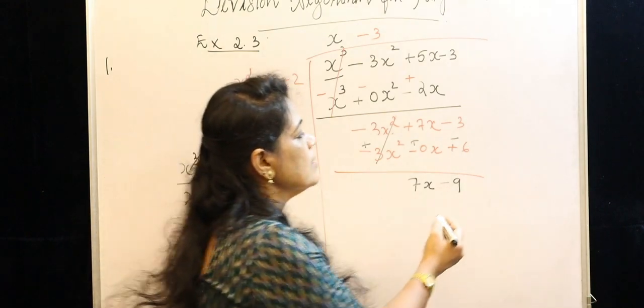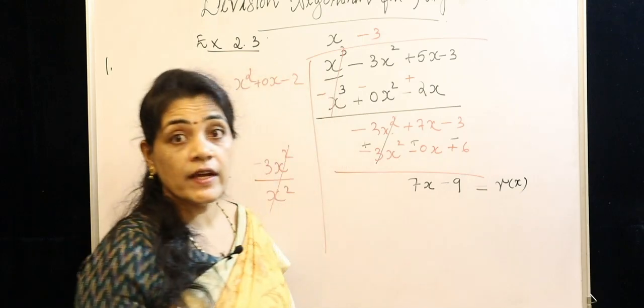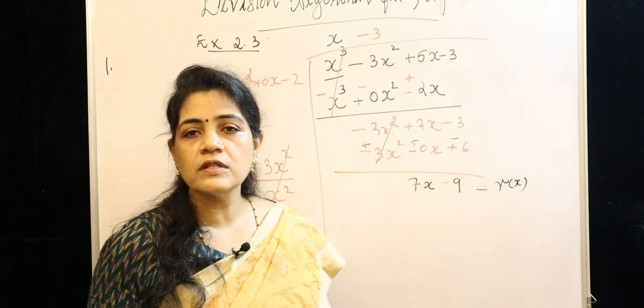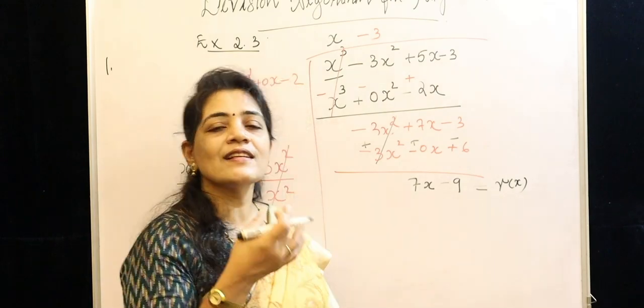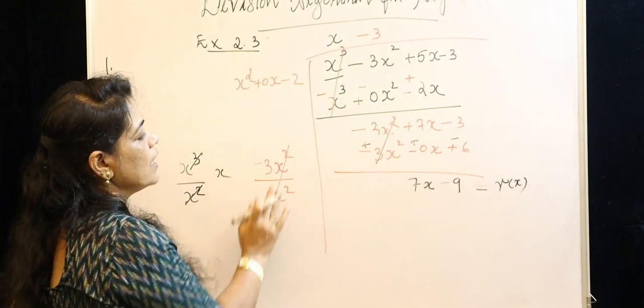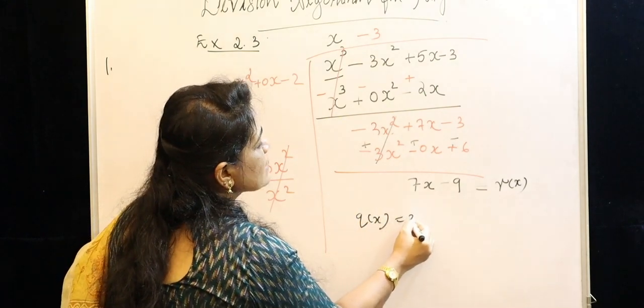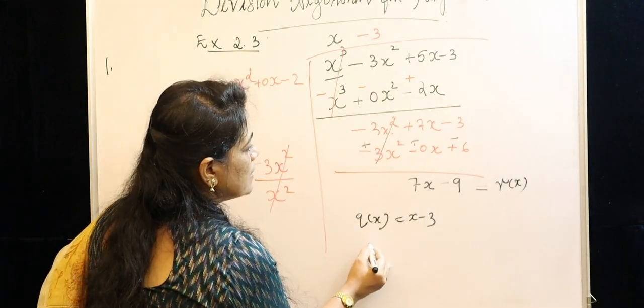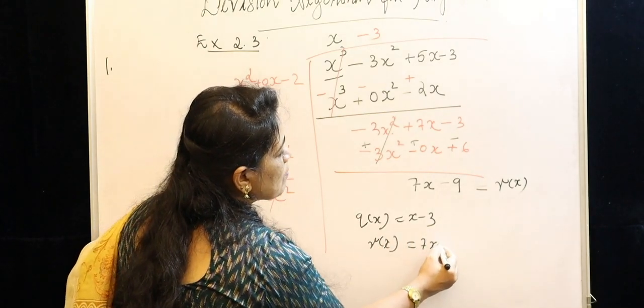That means this is the remainder, this is r of x. This is very important. You should continue the process till you get the remainder 0 or the degree of r of x less than degree of g of x. Okay, so q of x is equal to x minus 3 and r of x is equal to 7x minus 9.